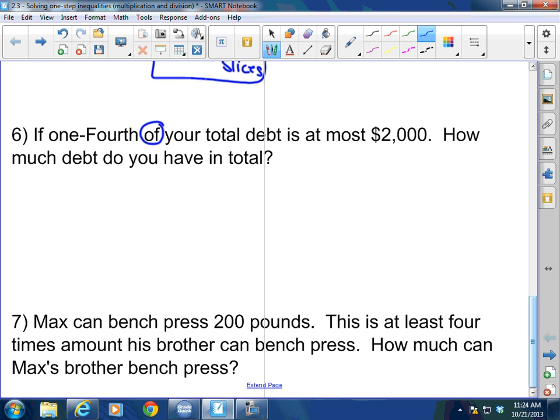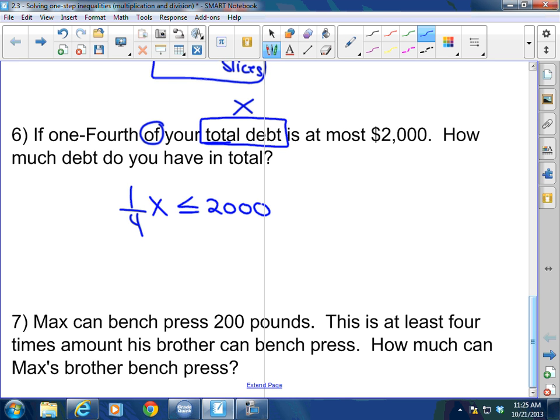Good. So if 1/4 of your debt, do you know what your debt is? That's your x. Okay, let's put it together. 1/4 times x is at most 2,000. Less than or equal to 2,000. Very good job.